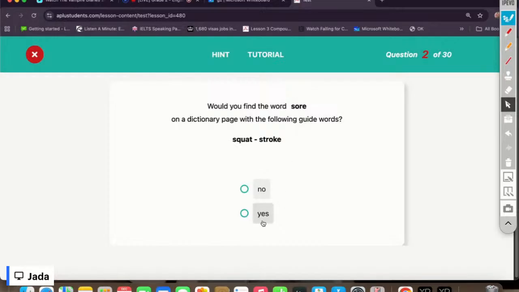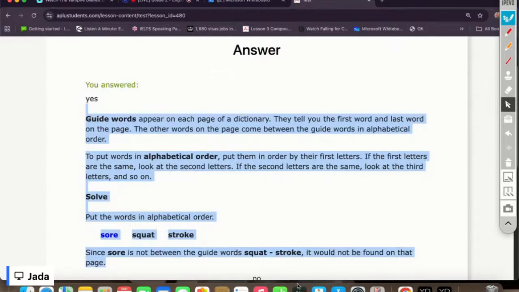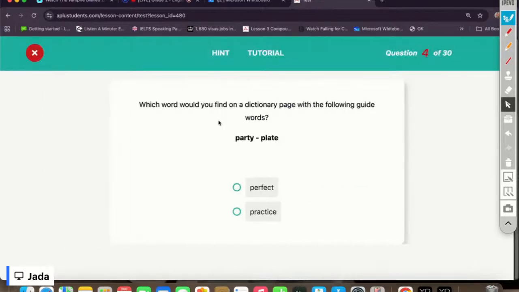So can we find soar in between this? So we have what? Yes, we can find it. Okay. So which word would you find on a dictionary page with the guide words party, plate?